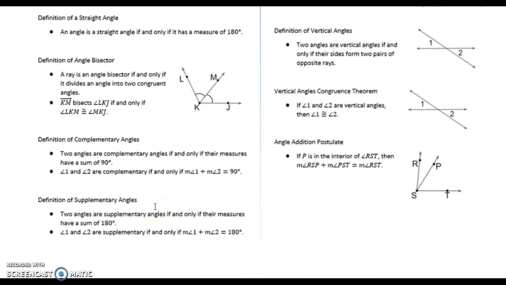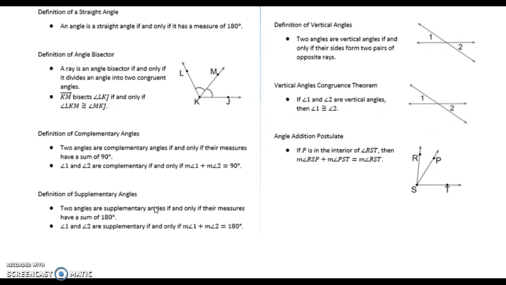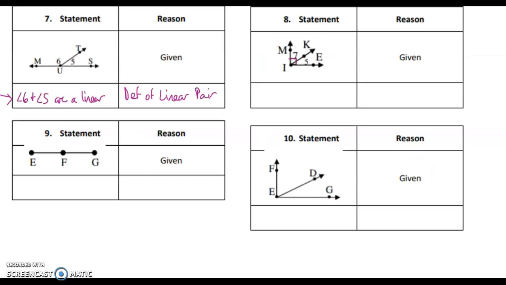Down here I have complementary angles. Two angles are complementary angles if and only if their measures have a sum of 90 degrees. So if you know angle 1 and angle 2 are complementary, then you can say measure of angle 1 plus measure of angle 2 equals 90. So I could make two statements here.